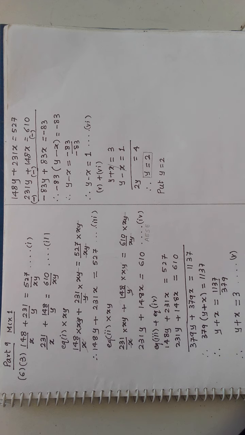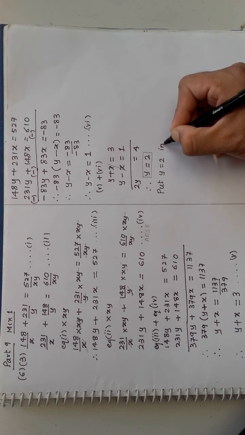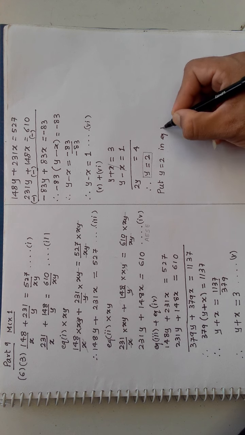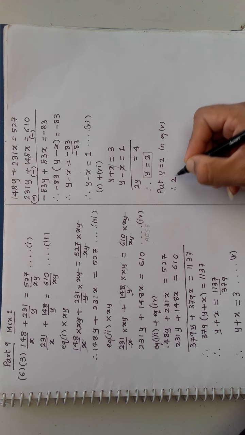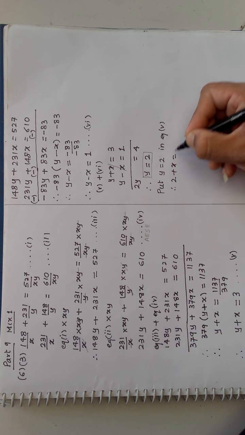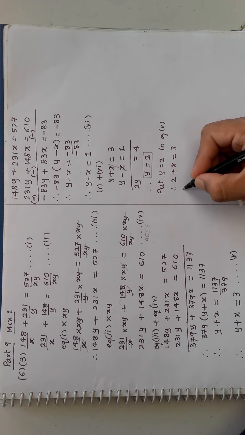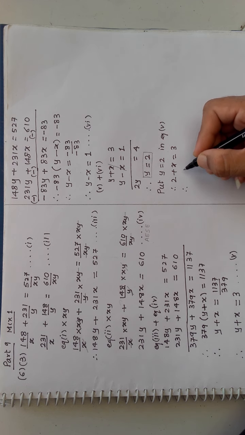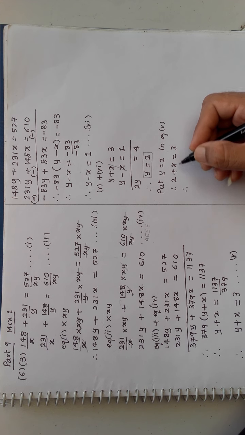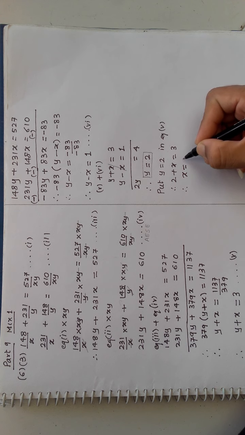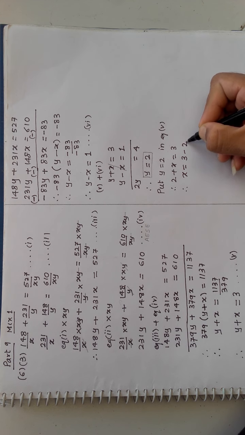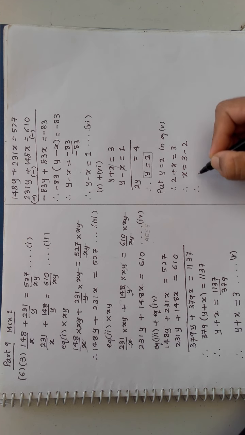So whichever you feel, you put it in equation 5. So here you get y replaced as 2, plus x is equal to 3. So obviously these 2 transfer, breaking the bond of plus. So you get x is equal to 3 minus 2. So obviously your x value is 1.